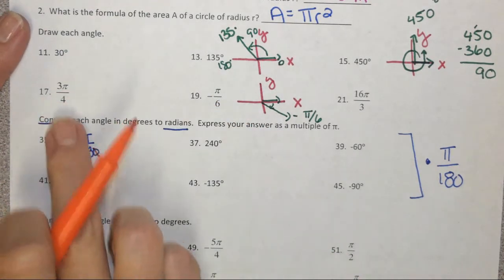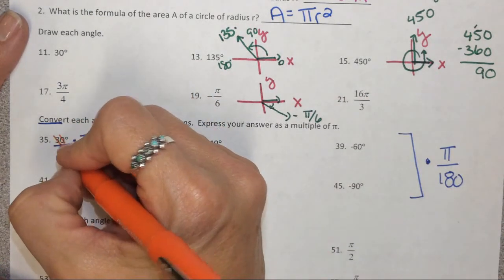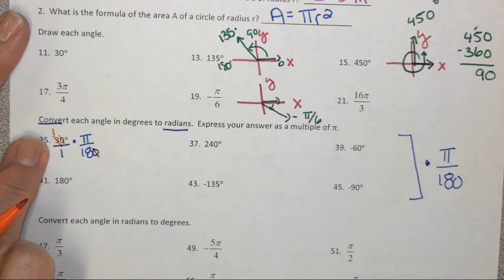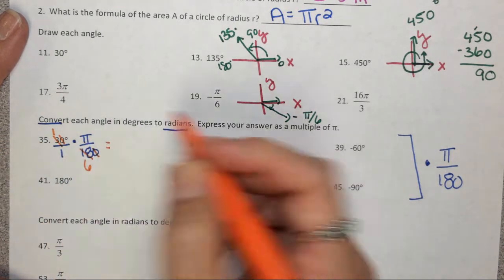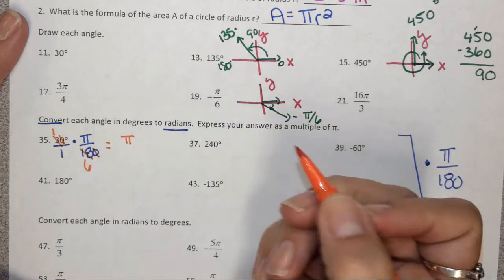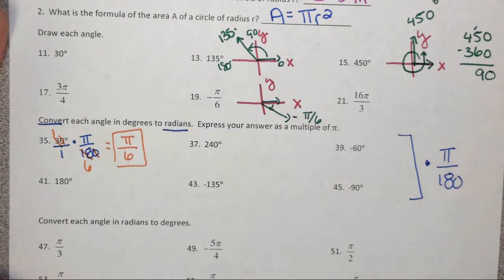So now I have a 3 and an 18. I can divide both of those by 3. 3 goes into 3 once. So now I have a 1 up top here. 3 goes into 18, 6. So now I can multiply top times top and get pi, bottom times bottom, and get 6. My answer is pi over 6.